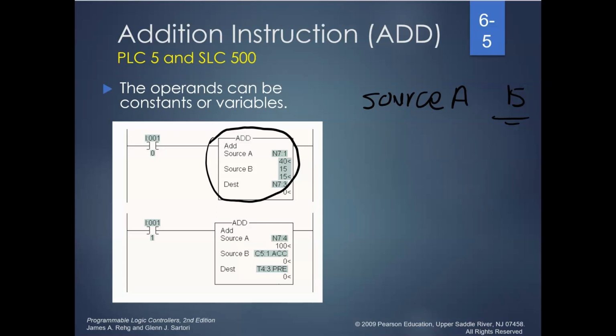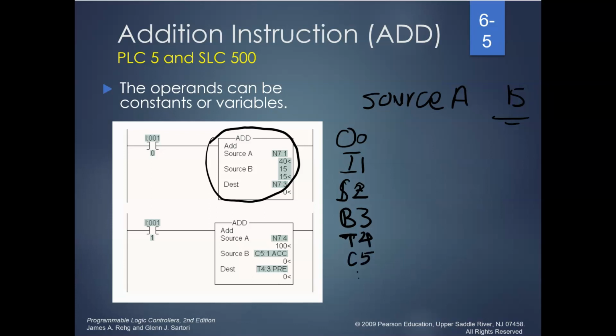Now how the addressing works: if you remember, we have different file types. The first file was output, which was 0. Then we have input, which was file 1. Then we had a status file, which was 2. Then bit file as 3, timer as 4, counter as 5.